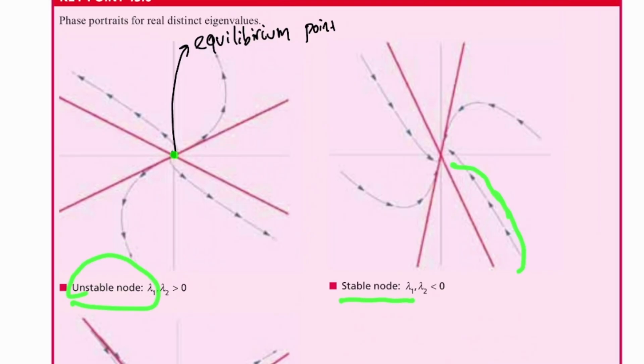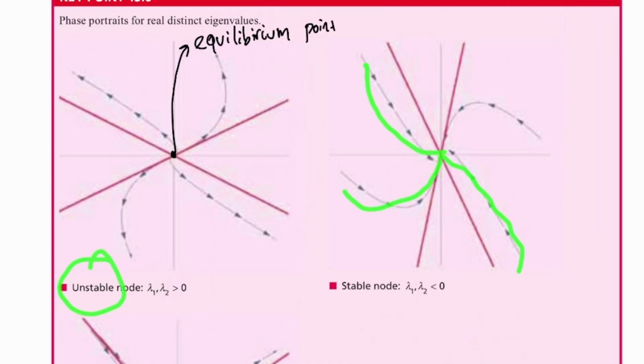Unstable means imagine these are forces taking the origin point to different points, so the origin will move. Therefore it's unstable, but everything coming to the origin is stable, and the lambdas, which are eigenvalues, are smaller than 0, both of them.